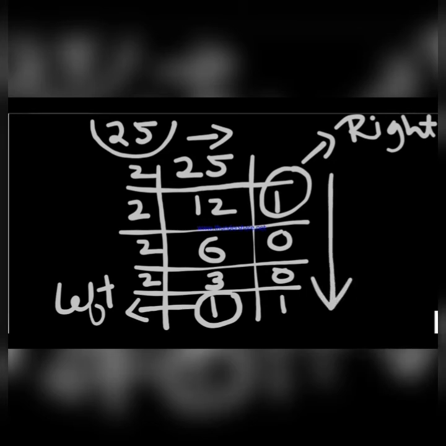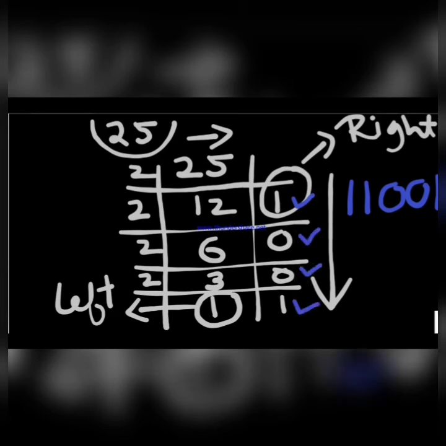Our number becomes 1, 0, 0, 1, 1. Let's count again: 1, 0, 0, 1, and 1. So this is the example of the binary number system.